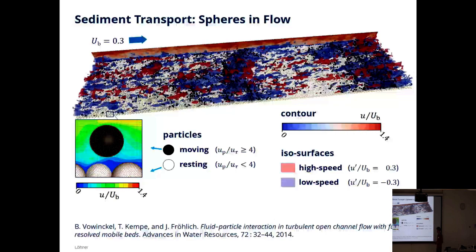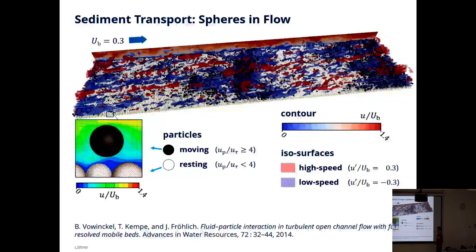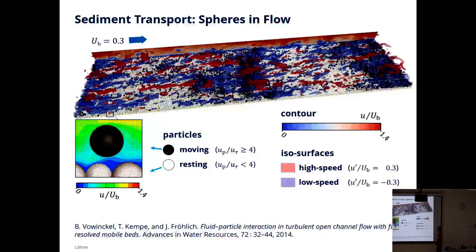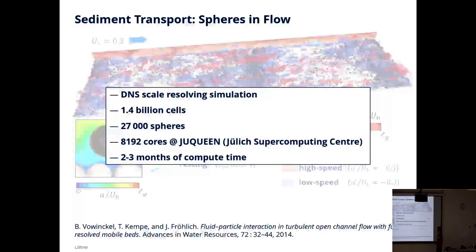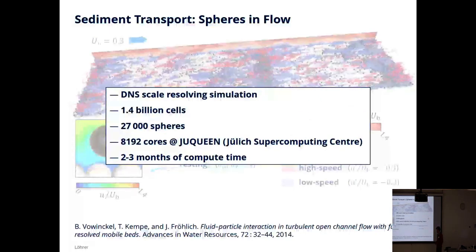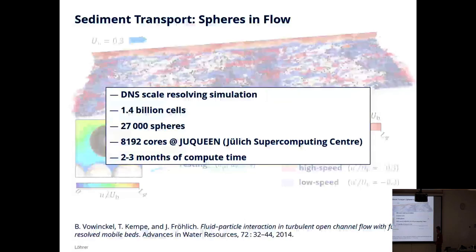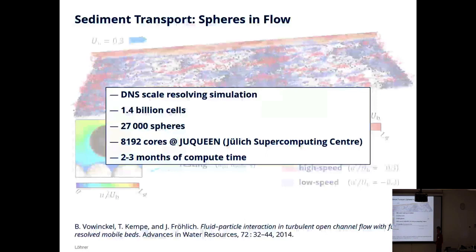It's a sediment transport case with spheres being transported in a flow, and this was done by colleagues of mine. It's a fairly big simulation. It's scale resolving, features 1.4 billion cells. This makes data handling very challenging. We have 27,000 spheres, and it was computed on 8,000 cores approximately during 2 to 3 months.